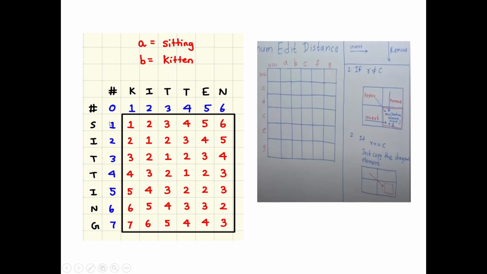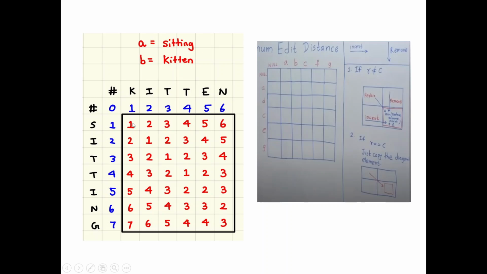That means for replace, I am checking character S with K. When I check S with K, S is not equal to K. At that time I have to apply the rule: row is not equal to column. What is the rule? We have to calculate the minimum of replace, remove and insert plus 1, and then move to the next representation.